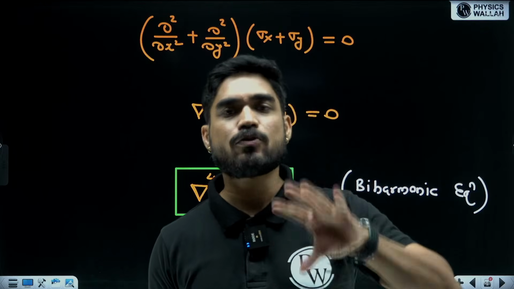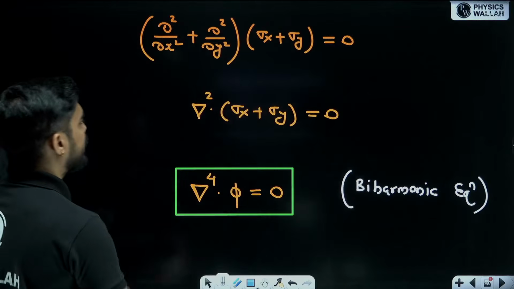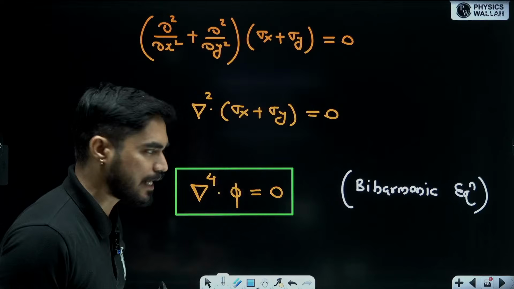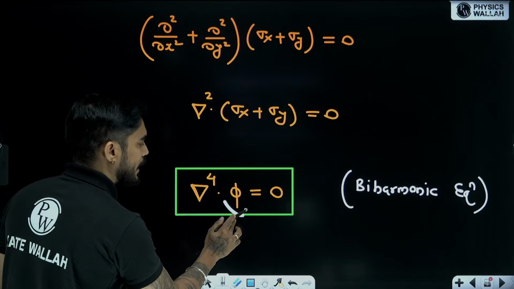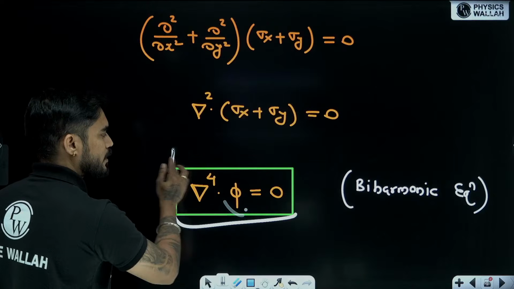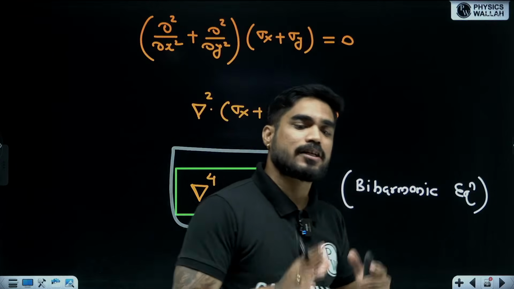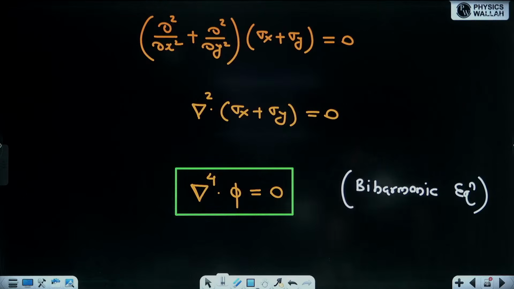You don't need to separately satisfy them because we have already derived all these equations using equilibrium and compatibility. So if you put the equation of phi here and satisfy this equation, then the equilibrium equation and compatibility equation both will be satisfied. Is this clear? I hope this is clear.